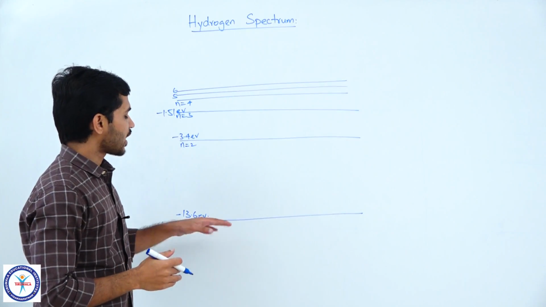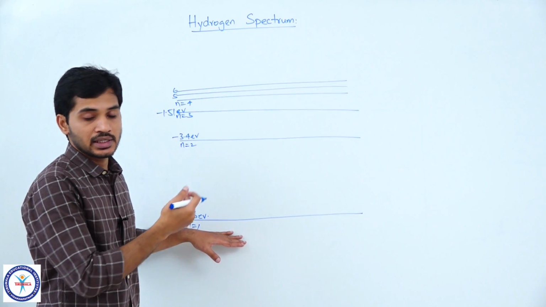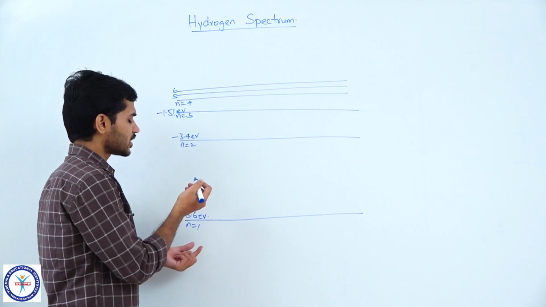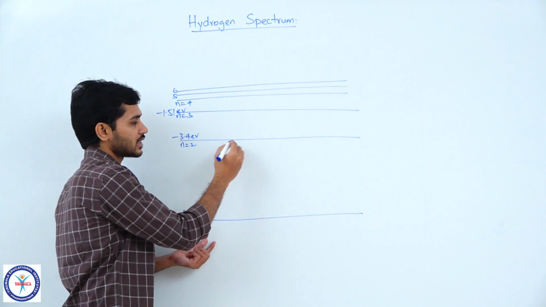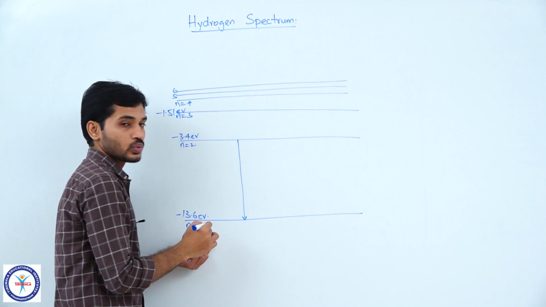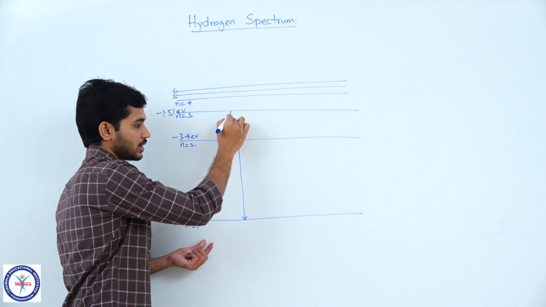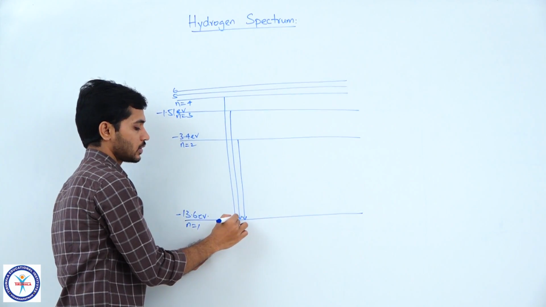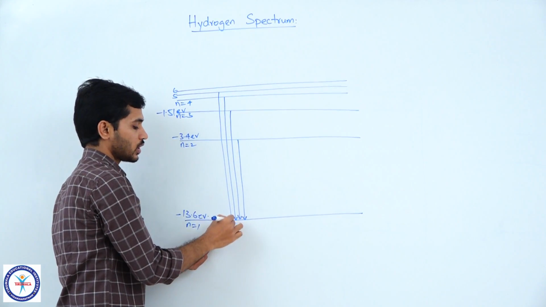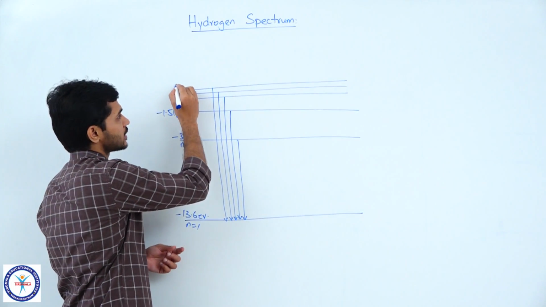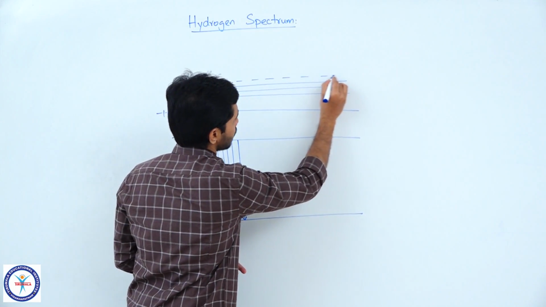Here, if I consider the transitions that are occurring with the final state as the ground state, all possible transitions, let us say 2 to 1 or 3 to 1 or 4 to 1, 5 to 1 or 6 to 1, and so on. You can also consider this level as infinity.